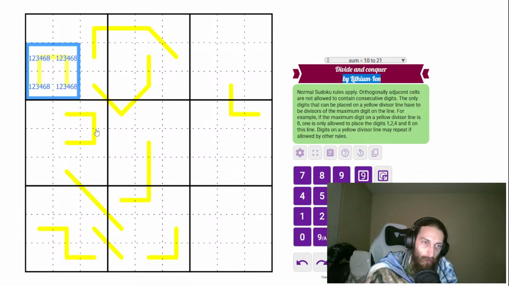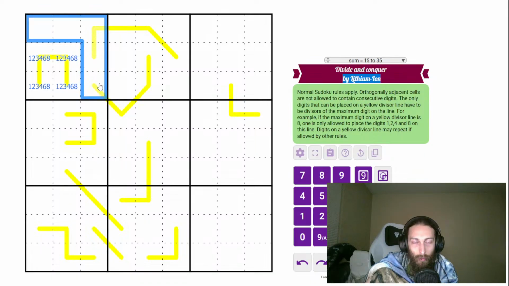They're 1, 2, 3, 6, or 1, 2, 4, 8. But 1 and 2 have to be on there.